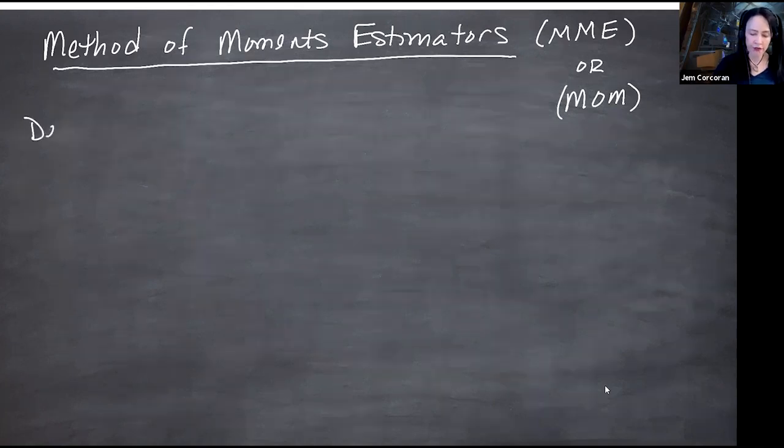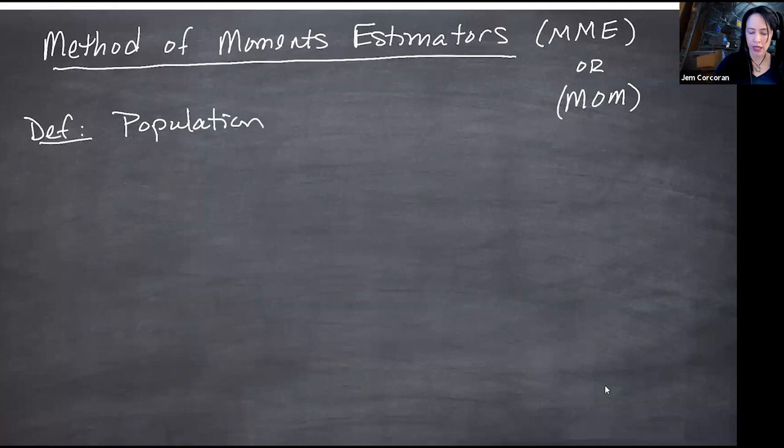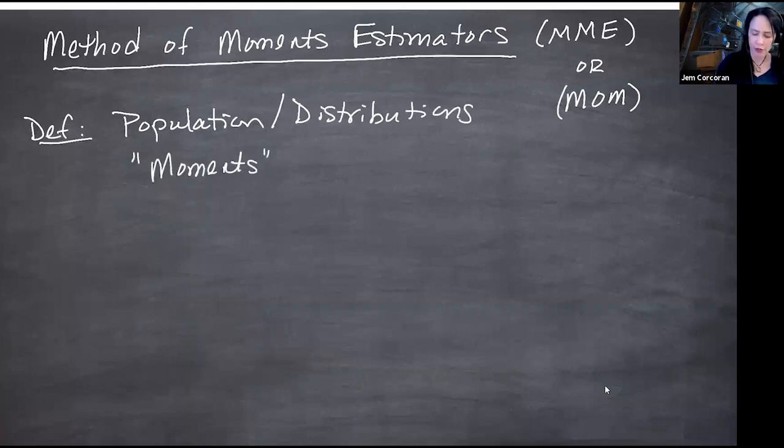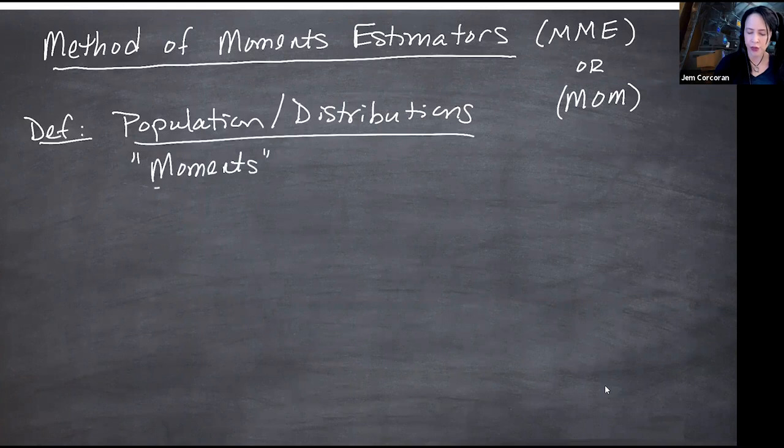So first I want to define the population or distribution moments. I think we've actually talked about this a little bit, but before I do, the wording there. For us, we are looking at a random sample from a distribution because we're being really theoretical.